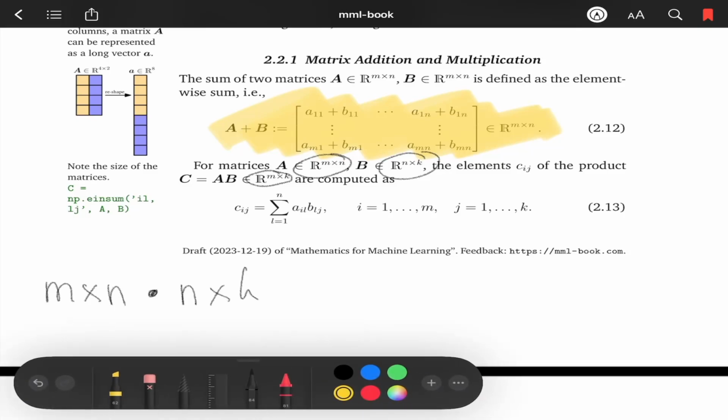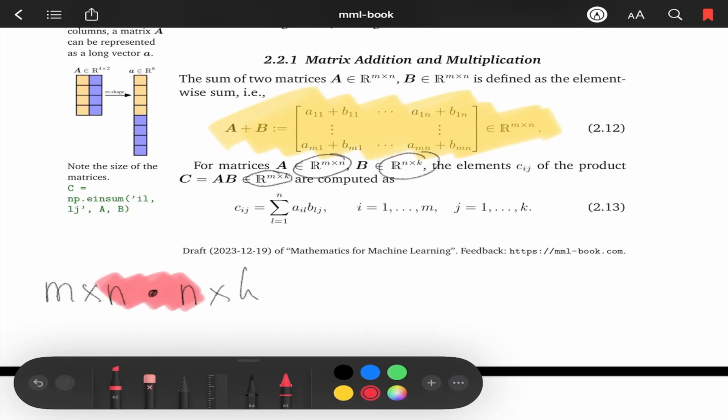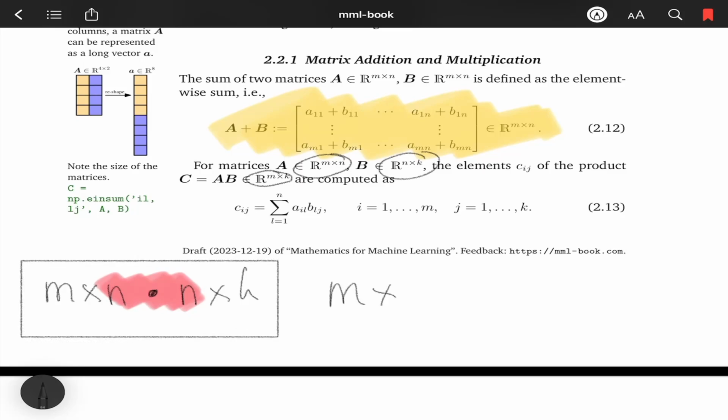And the trick is that these need to connect. It's like chemistry or something, they have to connect. They have to be the same thing. Maybe Lego bricks. And then you form a new brick, and this is basically m times k.